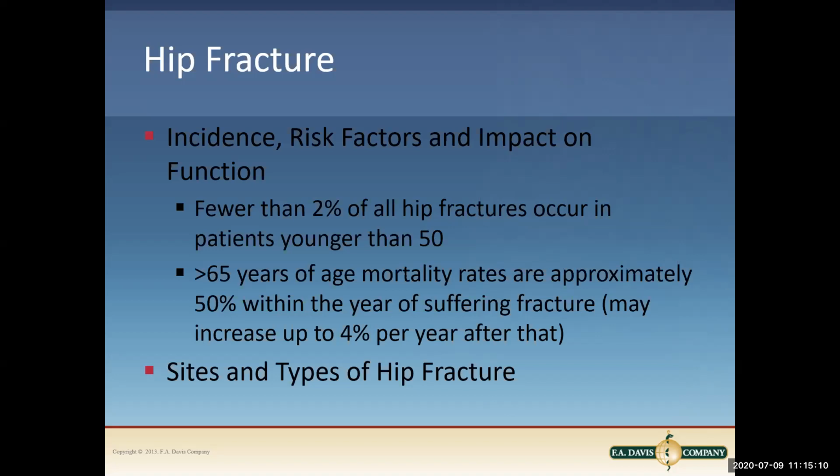And then look at that, it goes up 4% every year after that. So say you're 65, you break your hip, you turn 66, you've now got a 54% chance of dying that year. Turn 67, 58% chance of dying, right? You get 20 years out, maybe you live to 70 to 85, those odds are not for you anymore, right?